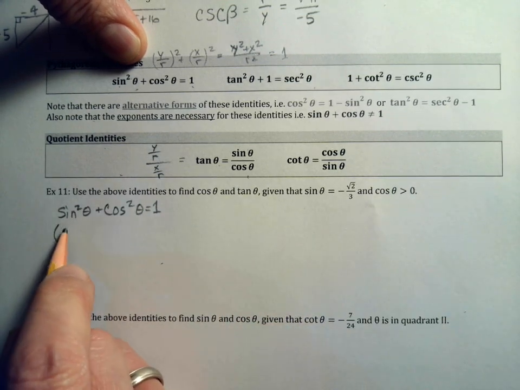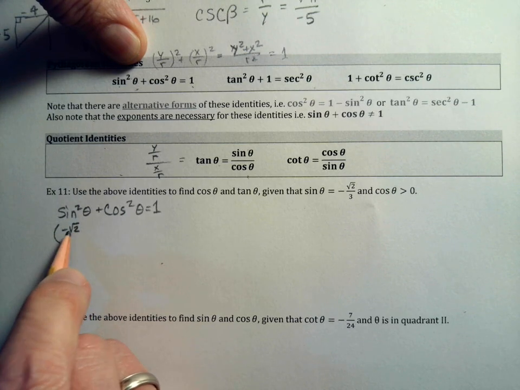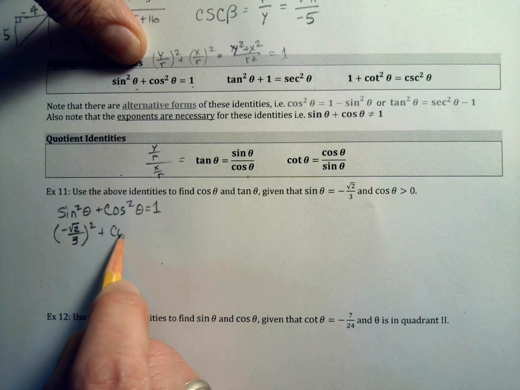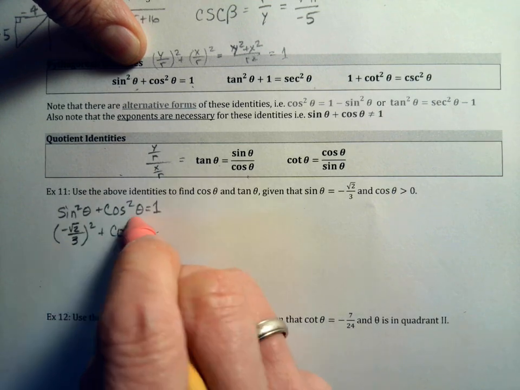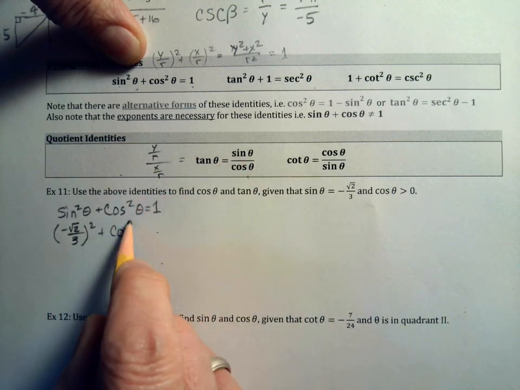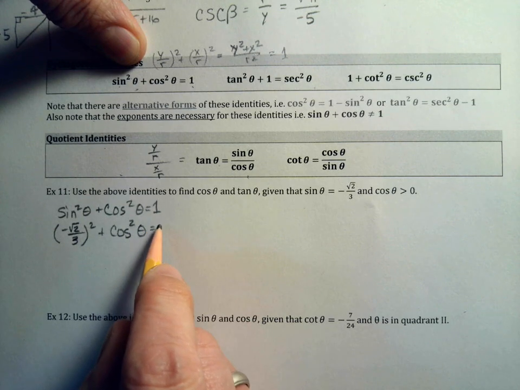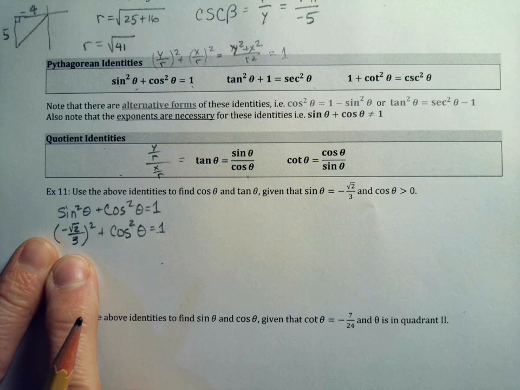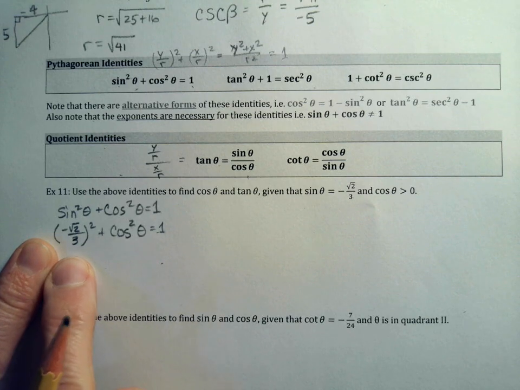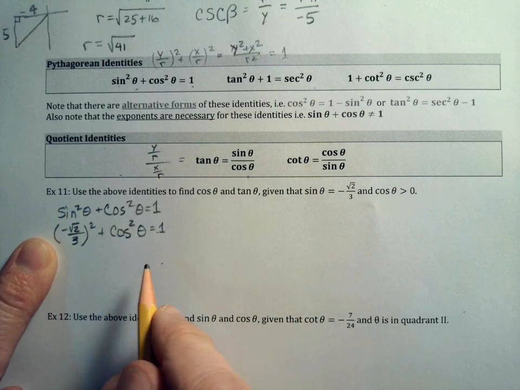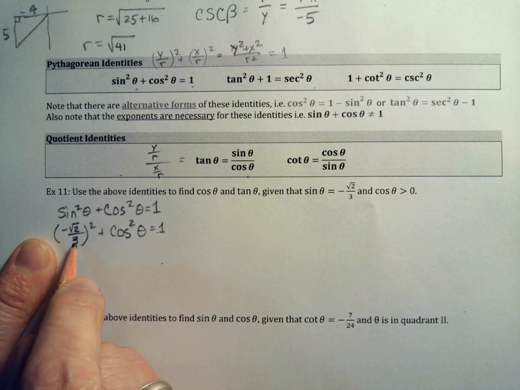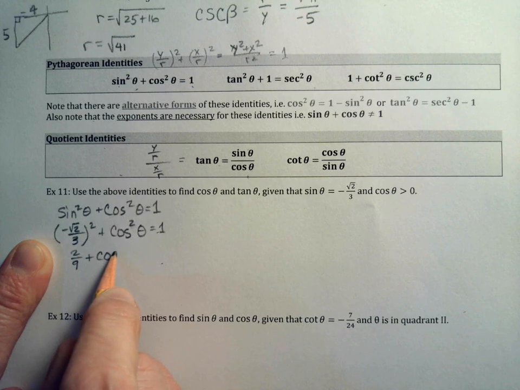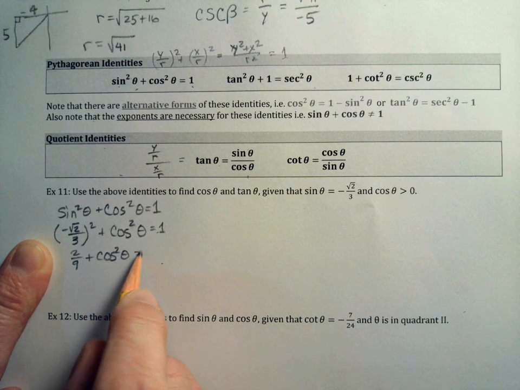We're going to take that ratio, negative square root of 2 over 3, and we're going to square it, plus the cosine squared theta equals 1. So we're going to square this, and that's going to be 2 over 9, and it's going to be positive. So that means we could then say 2 over 9 plus the cosine squared theta equals 1.